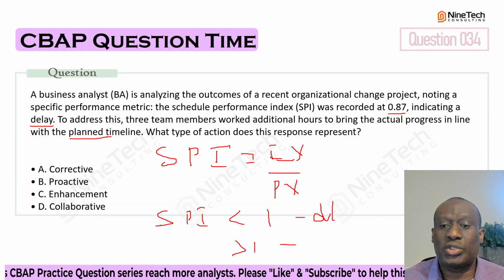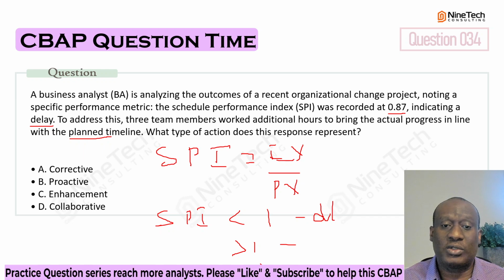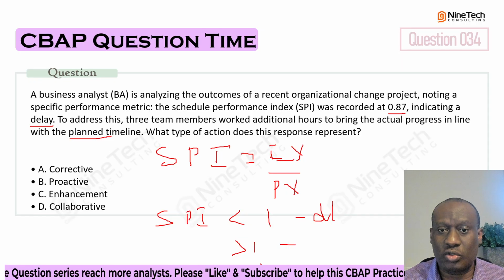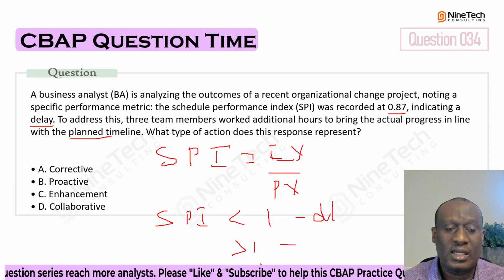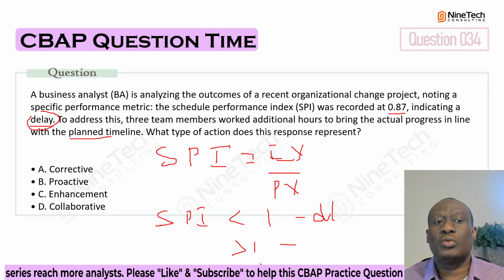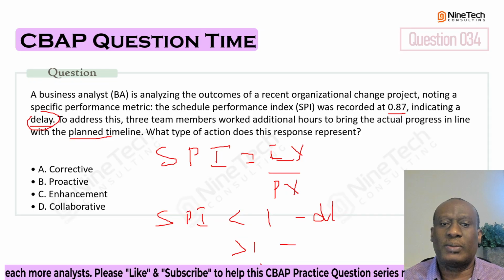Anytime it is equal to 1, then we are on schedule. So if you notice here, you don't have to know all this formula. Just notice that there is a delay. If there is a delay and three members help us to get back on track, what kind of action does this represent?